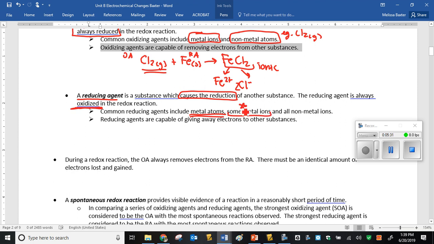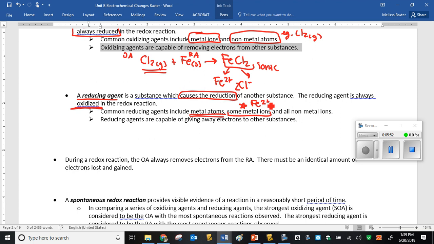Some metal ions. So remember in your data booklet, there are a few things that show up on both sides of the table. I'm going to use Fe2+ as an example. Fe2+ shows up on the reducing agent side over here, but also on the oxidizing agent side down there.